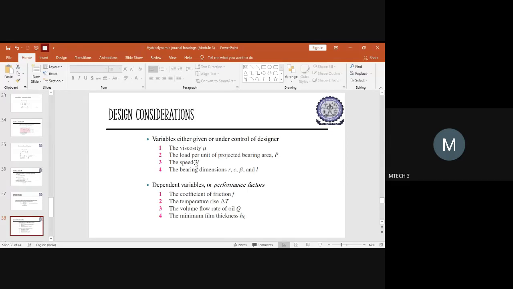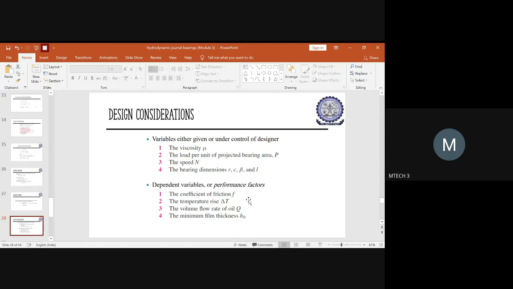Apart from that, there will be some variables which are dependent, that cannot be given directly. So based on the given data, you should be able to find out the dependent variables. That also shows the performance factor of that particular bearing. So based on the given data, we will be determining these values. The first one we determine is the coefficient of friction.